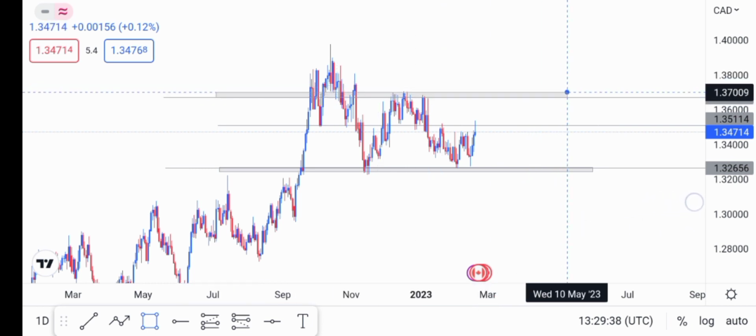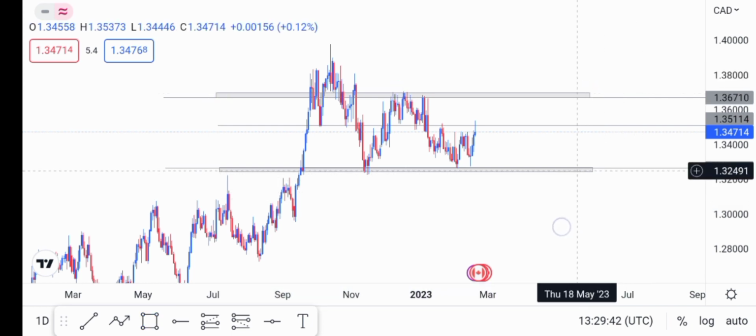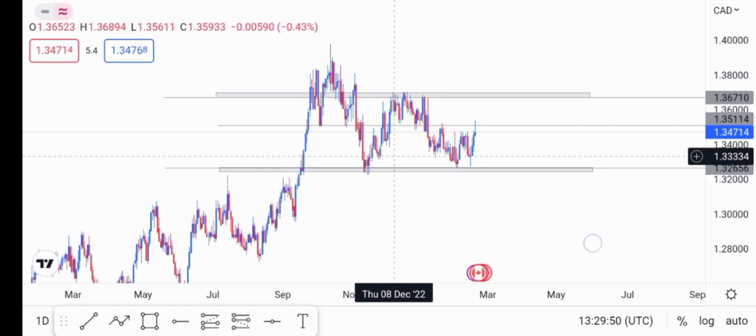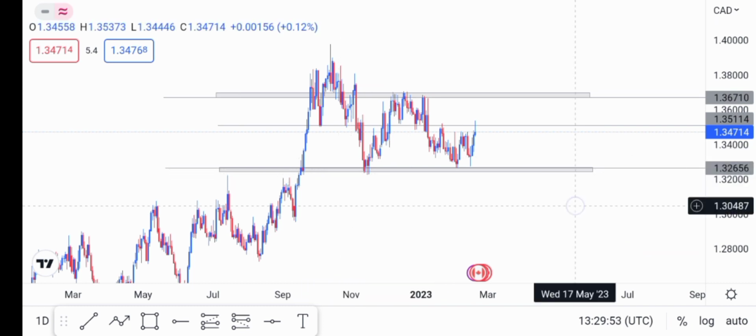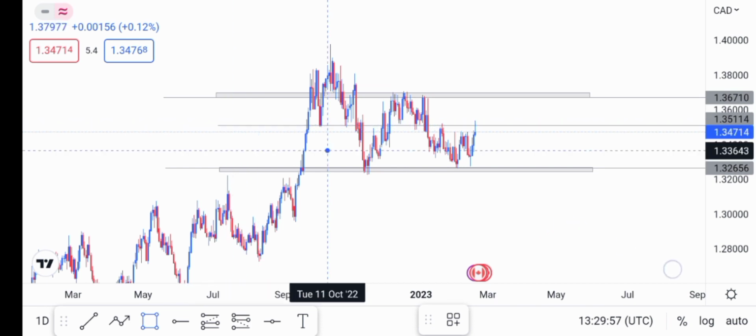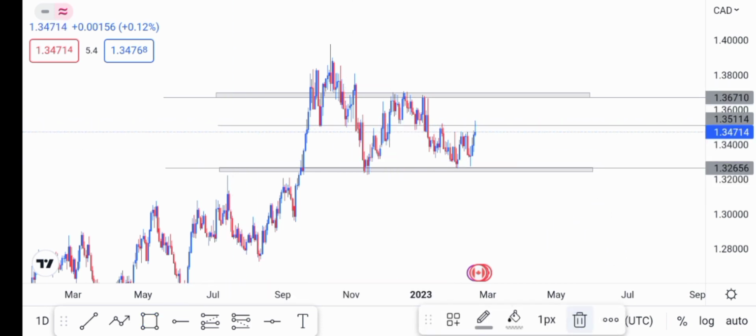So this square here, I was supposed to extend it up until right over here, because this area here is well respected, so it's currently a zone there, but I'm just going to leave it like that because we're not going to focus on it right now. And here let's leave a line. Okay, let me remove this.